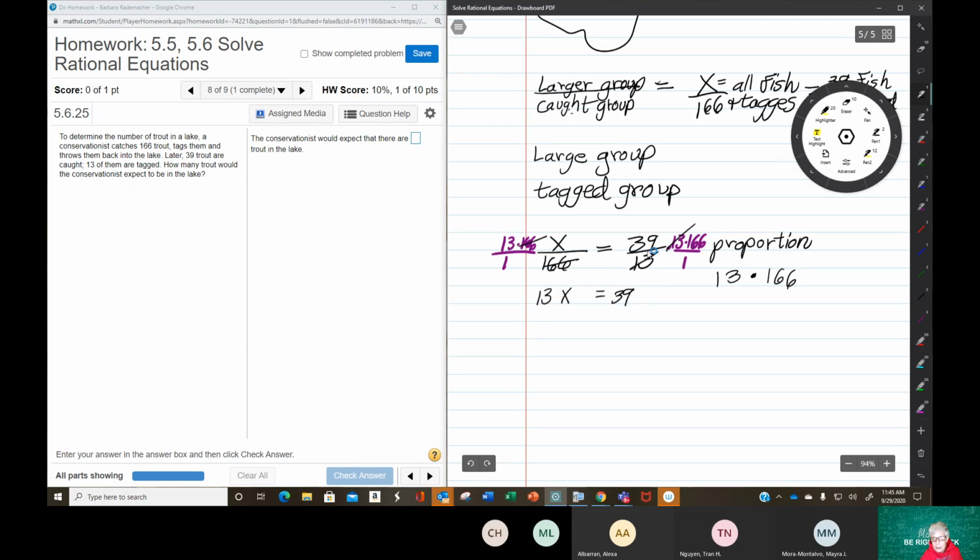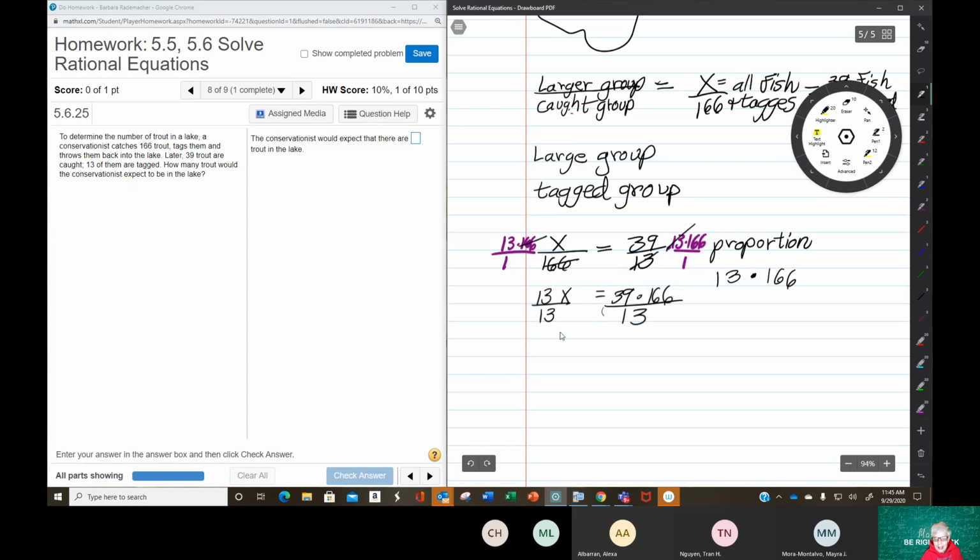39 times 166. Now 13 does go into 39. I could have just had 3, but no, let's stay honest. Now, we're going to divide by 13. Oh, this is totally sneaky.